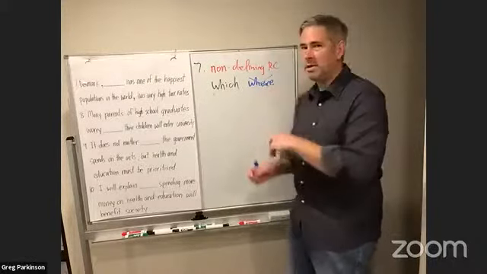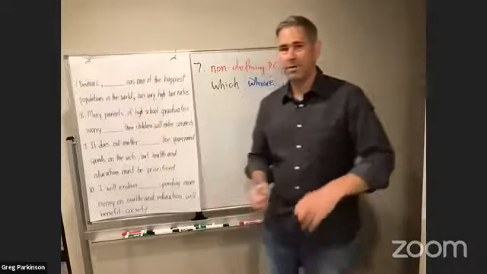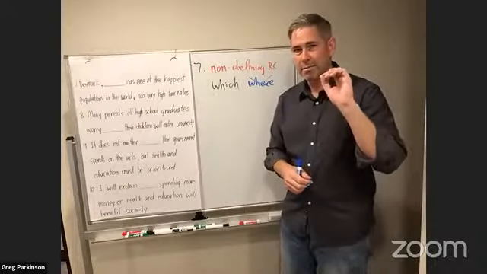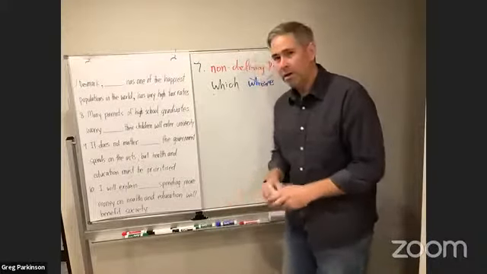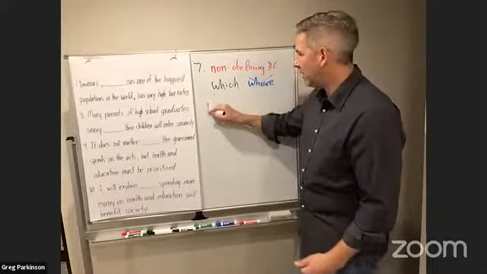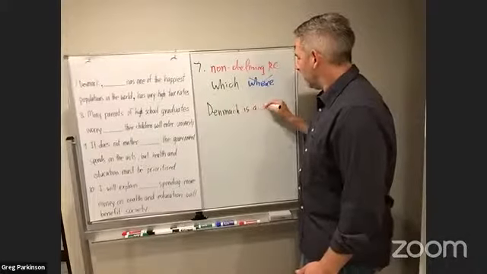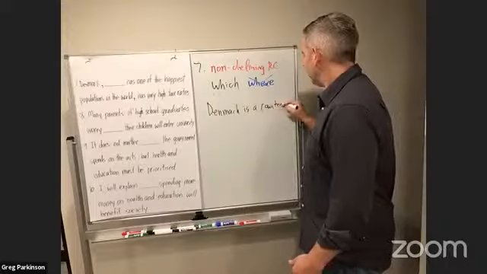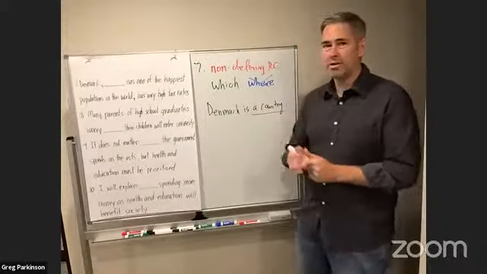So when we're using where, we're thinking more about the position of something. In this case, we're thinking about Denmark being a country. Now, this is important, how I say that. If I write that on the board, Denmark is a country, I want you to think about country.